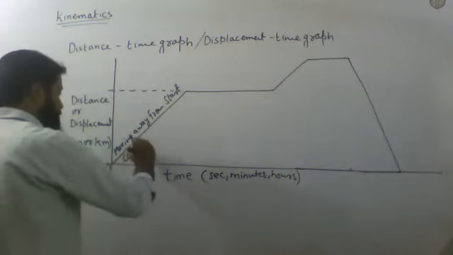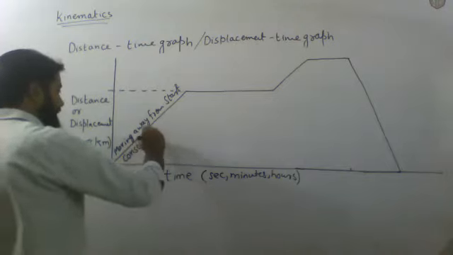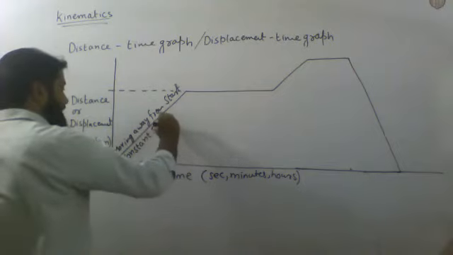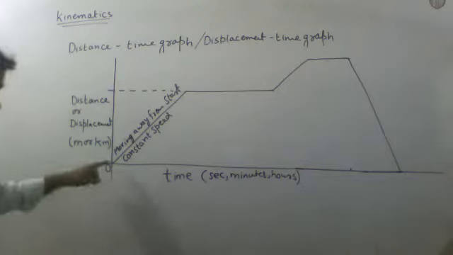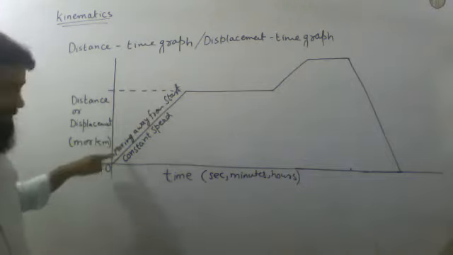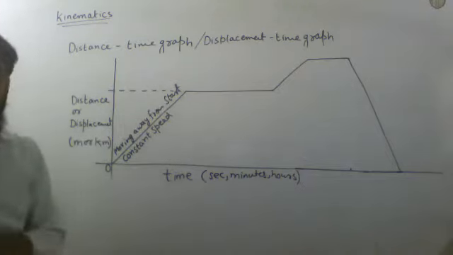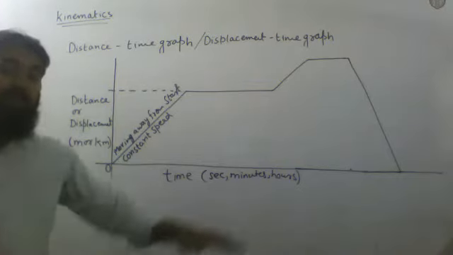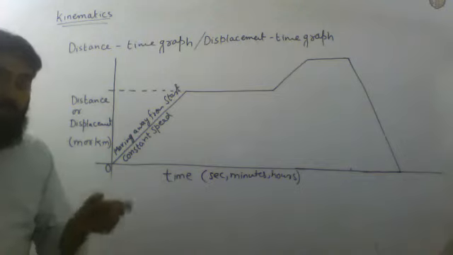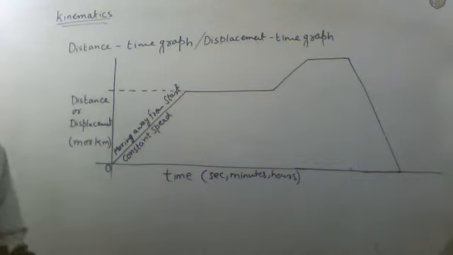One more thing shown by this line in a distance-time graph: this line also shows that you have a constant speed. If my graph is drawn like this, it means speed is constant. It means the body is covering distance at a constant rate over time.